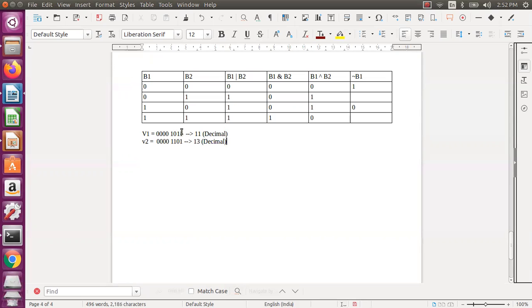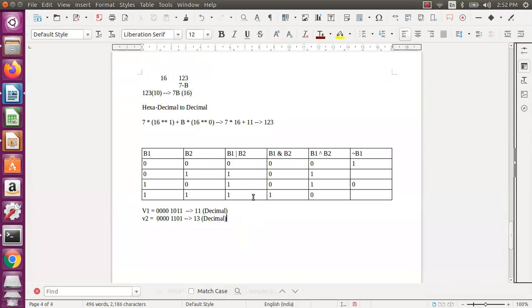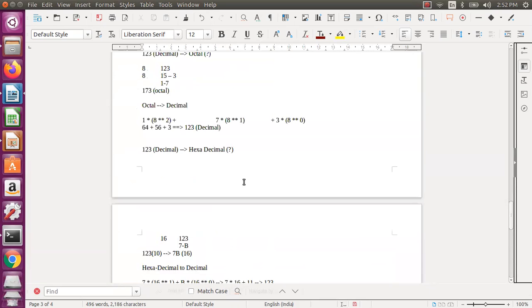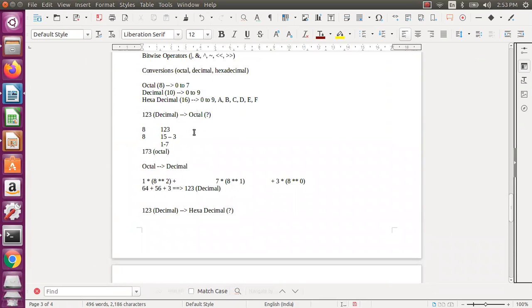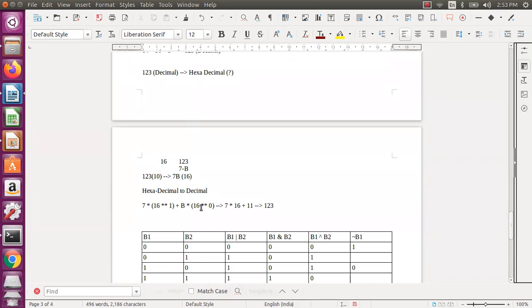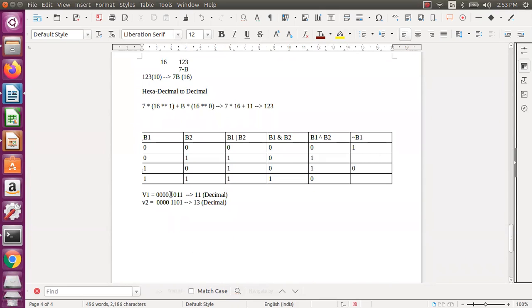So 1 2 4 8. Yes, you know that decimal to binary conversion, you need to multiply by 2. Like what we did, multiply by 8, 16, the same thing you need to multiply by 2, actually. So 1 into 2 power 0, 1, 2. I will just take one value and tell you. So 1 0 1 1. I am ignoring all the zeros before.